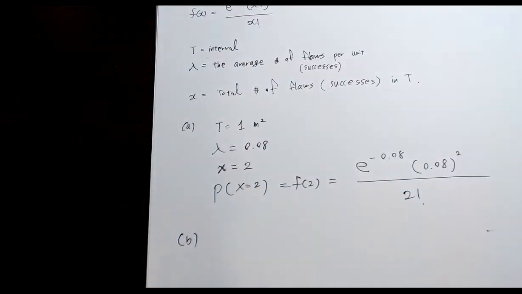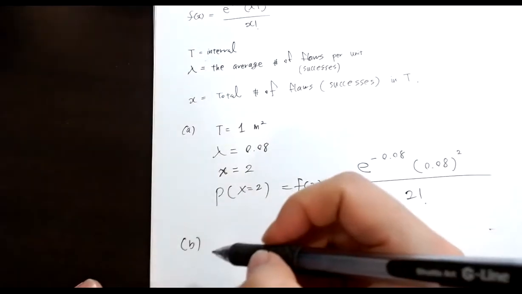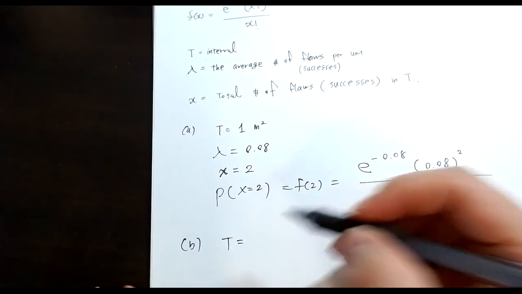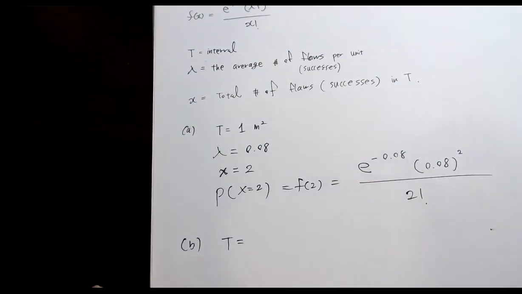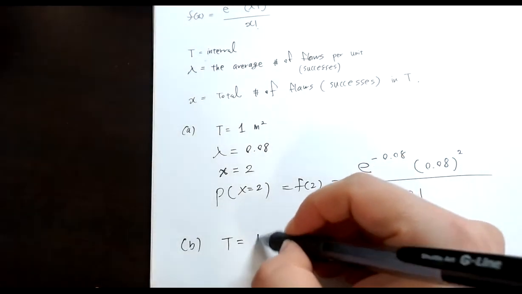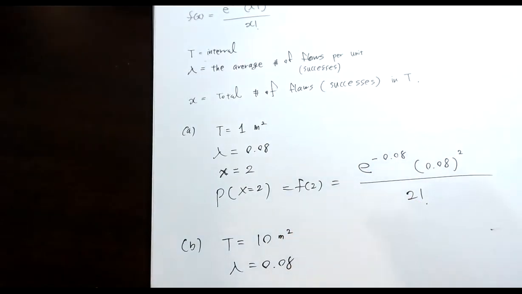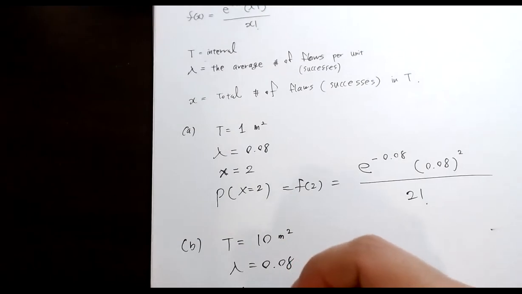And then what about question B? What is the probability that there is one flow in 10 square meters of cloth? So here t is not the time but the length, in this case the area, which is going to be 10 square meters. The lambda is still 0.08. And then x is 1, one flow.